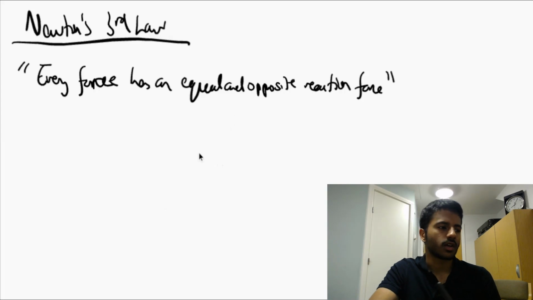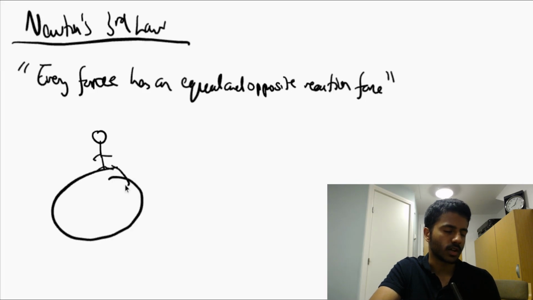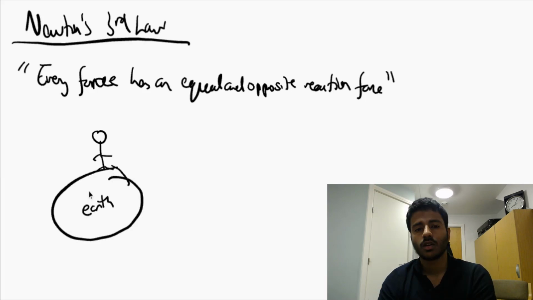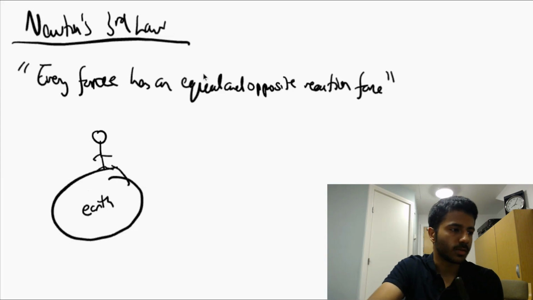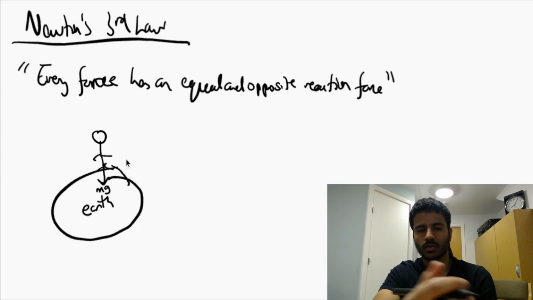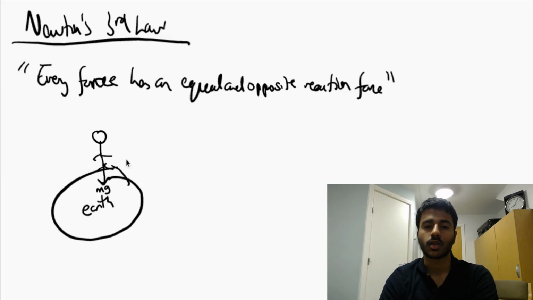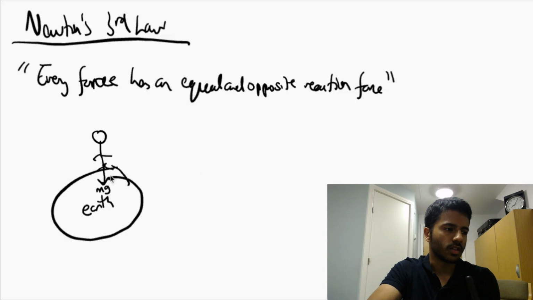So let's look at you standing on the earth. Here's you, here's the big old earth. And I know this is definitely not to scale. If you, being the person you are, and due to gravity, you obviously have some weight that's pointing down towards the earth. Newton's third law states that there's an equal and opposite reaction. And you might think, well that means that the earth exerts a reaction force on me.